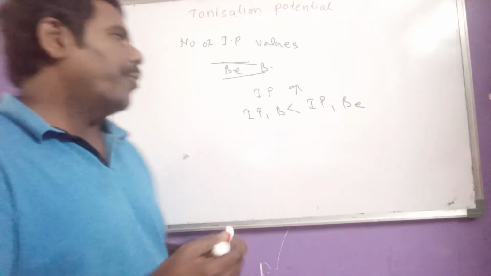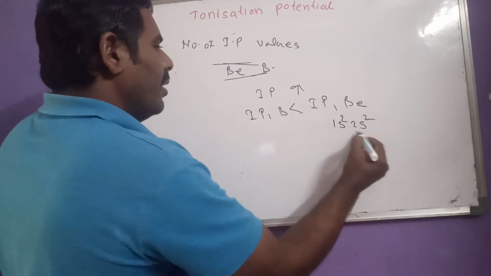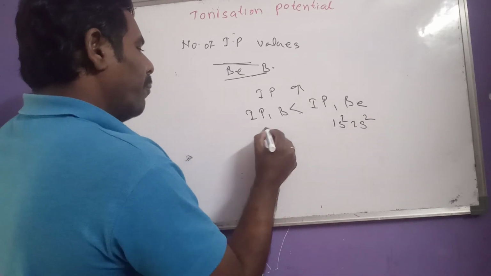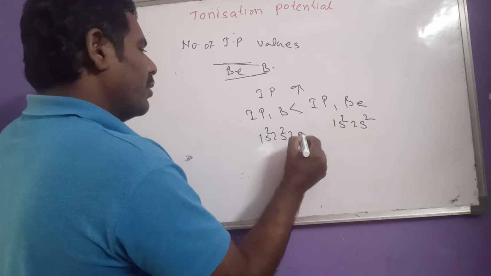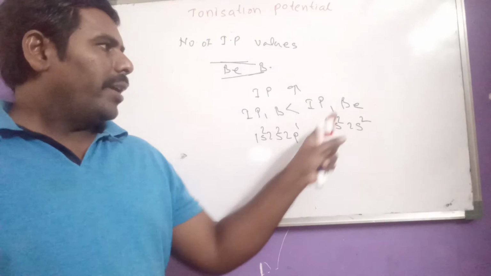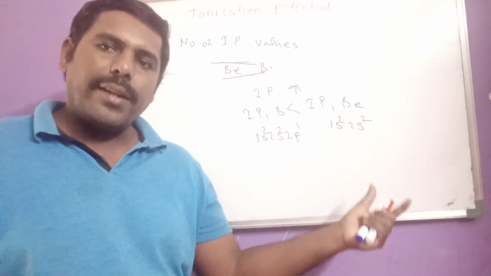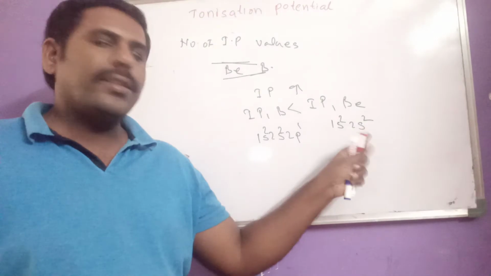Very simple reason. Beryllium has configuration 1s2, 2s2. Boron has configuration 1s2, 2s2, 2p1. That means in beryllium, electrons are present in the high penetrating power s subshell.